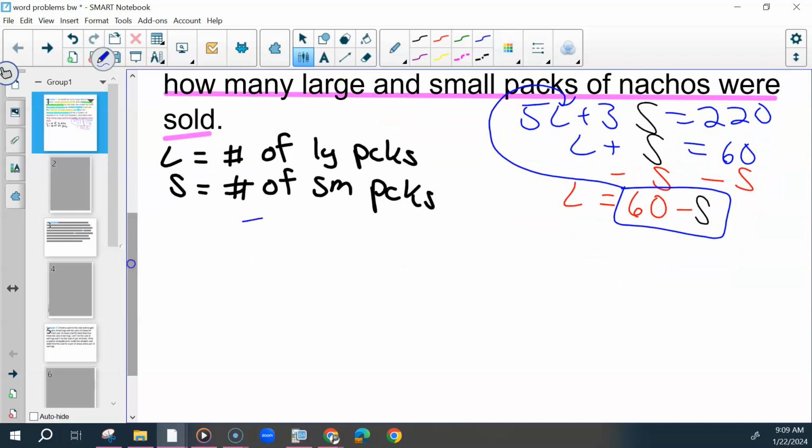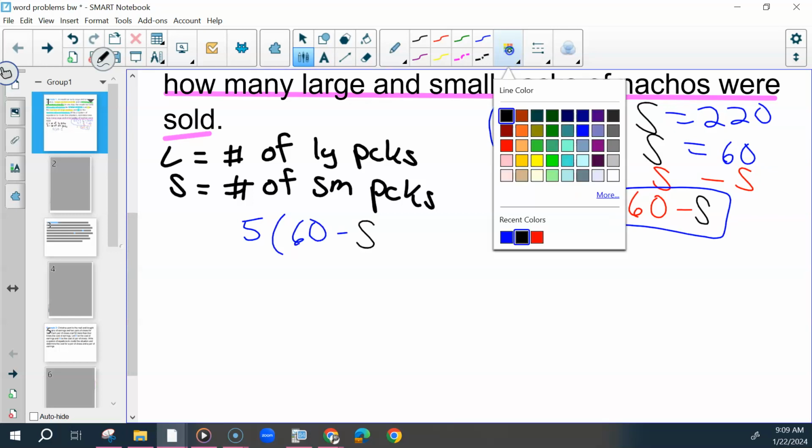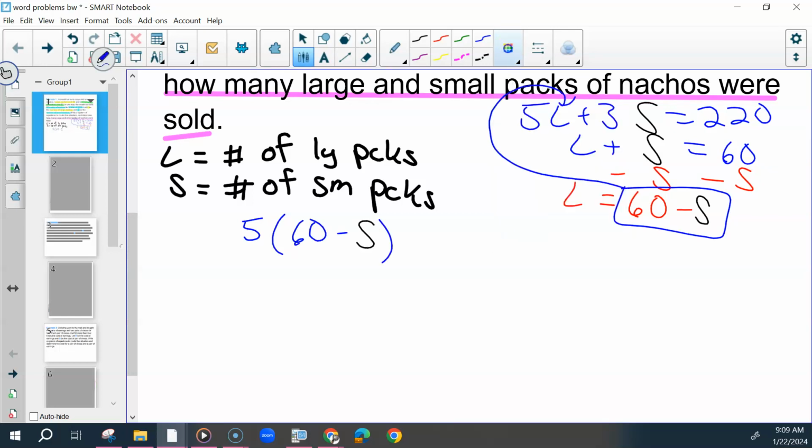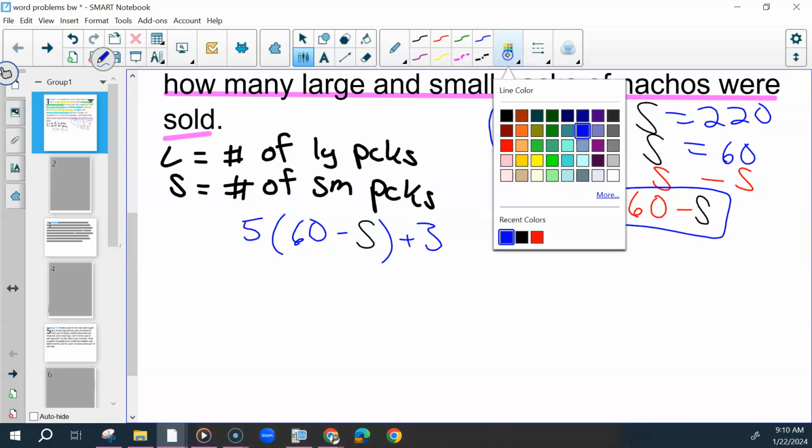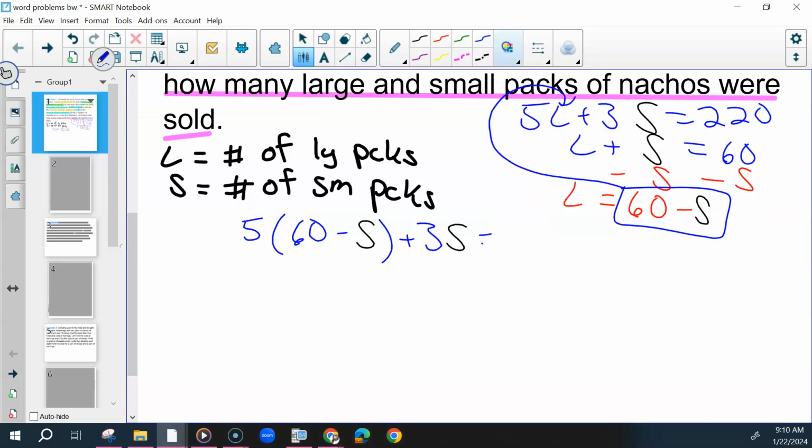And rewrite that. So we have 5 times 60 minus S plus 3S equals 220.